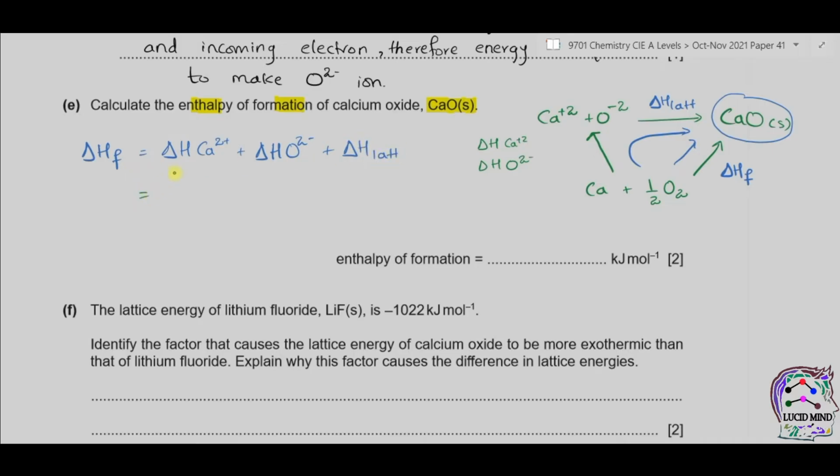Putting values, we have 1933 for calcium +2, this value from table is 951, and this value from table is -3517. So the enthalpy change of formation comes equal to minus 633 kilojoules per mole.